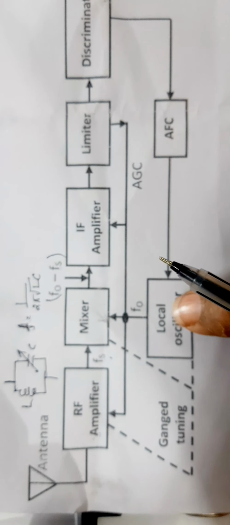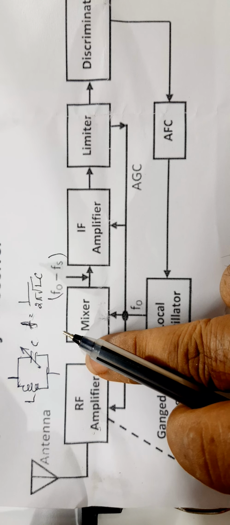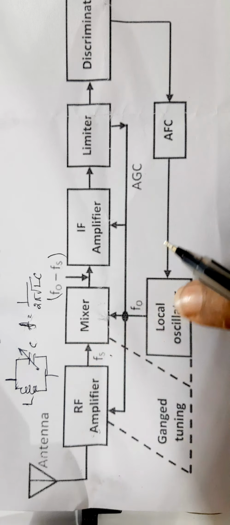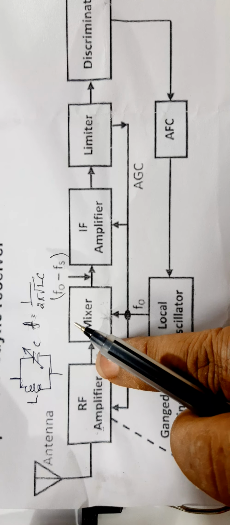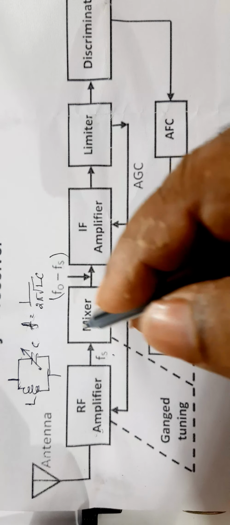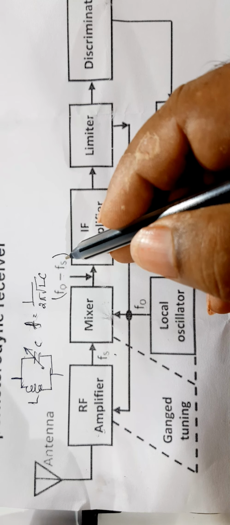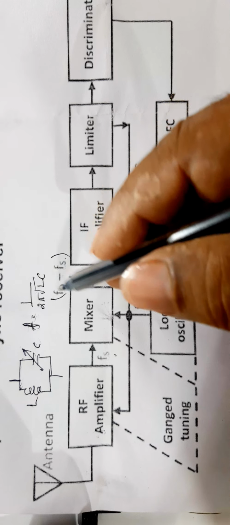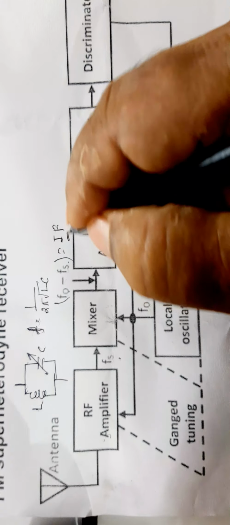Usually we make the oscillator frequency more than the signal frequency. Oscillator frequency F0 is made more than the signal frequency received. Therefore, the difference in frequency produced by the mixer is F0 minus Fs. Now, this difference of frequency is called intermediate frequency.